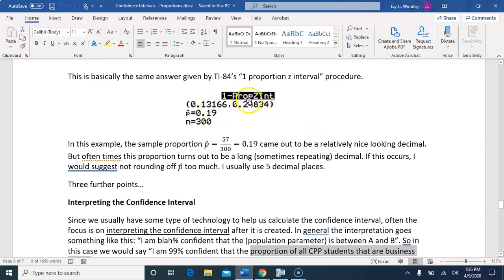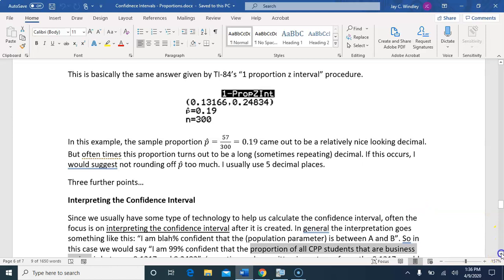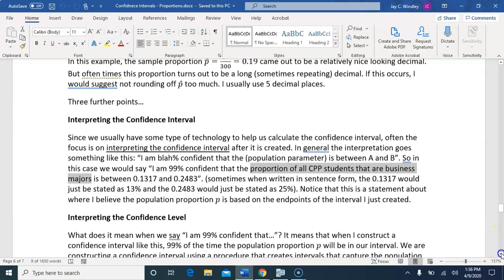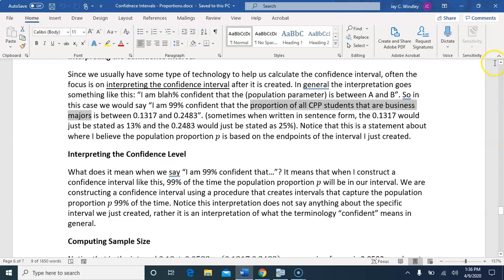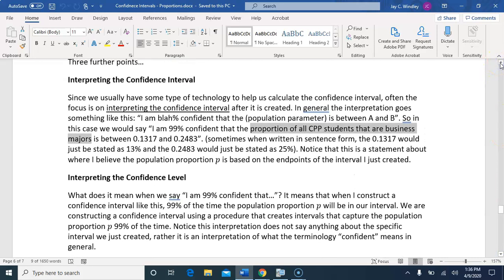I'm not sure if this particular interval contains the population P, but I know if I did this over and over again, 99% of the confidence intervals I create will capture the population P. So when I construct a confidence interval like this, 99% of the time, the population proportion P will be in our interval.